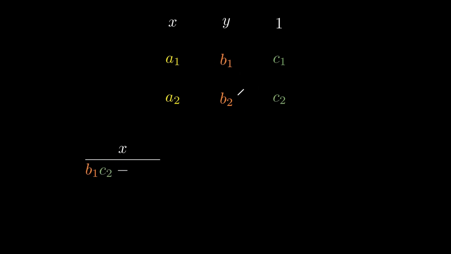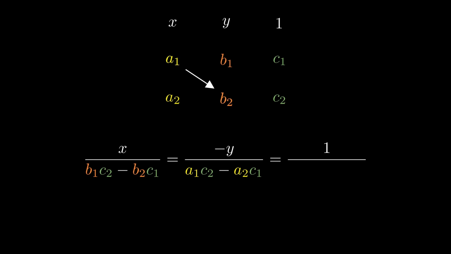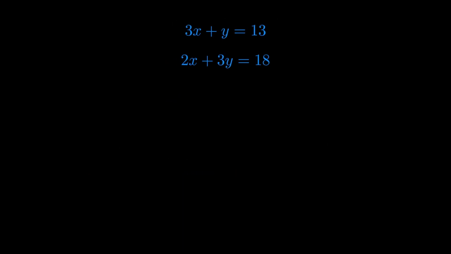x over b1 c2 minus b2 c1, minus y over a1 c2 minus a2 c1, and 1 over a1 b2 minus a2 b1. Let's solve an example using this method. First, we will take all the terms to one side of the equality.